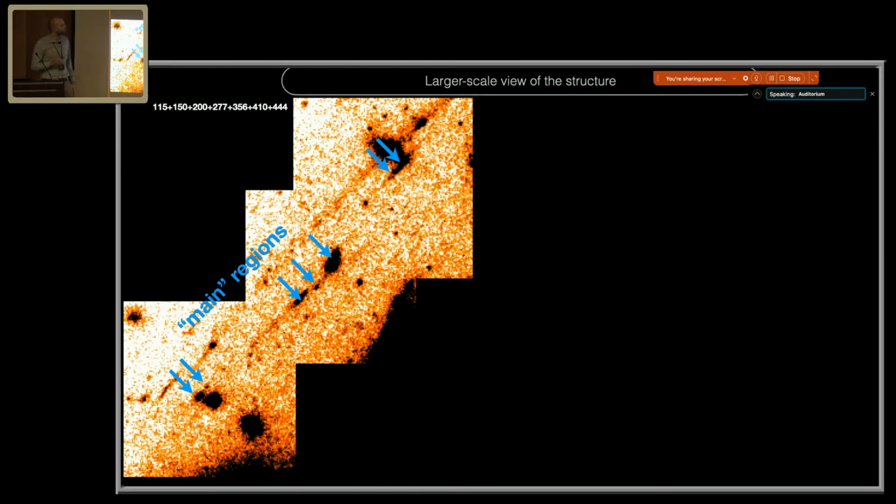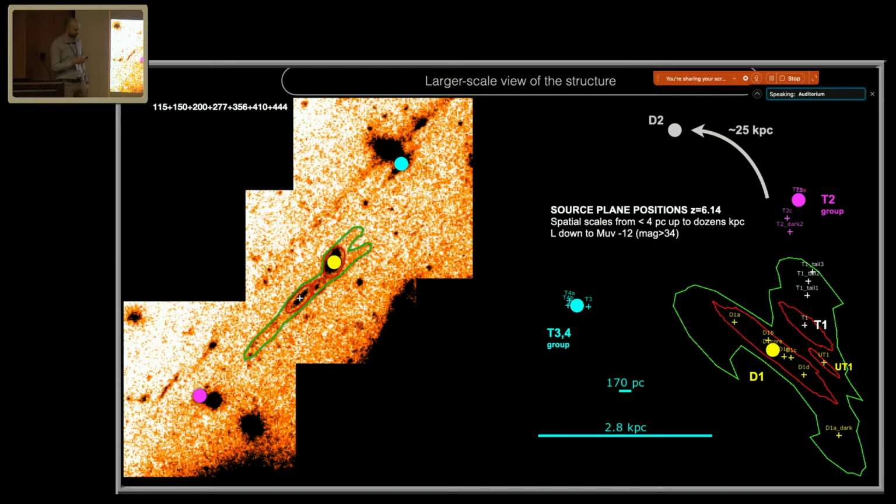Now, time is running short here. I just wanted to say that for the main region I was presenting, there's not much between them. They're separated by a few hundred parsecs or some kiloparsecs, and there's not much in between apart from this low surface brightness part. Here's the position of the main sources in the source plane, again separated by a few kiloparsecs.